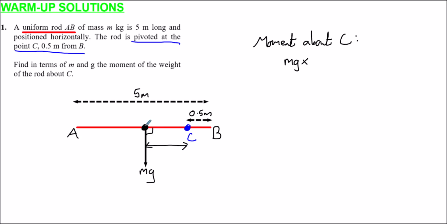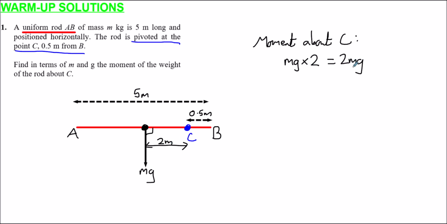This mg is acting at the midpoint of 5, so this is 2.5 meters along. That's 0.5. So to go from B to here to make it a full 2.5, this is going to be the extra 2 meters. So the moment about C is mg multiplied by 2, which is obviously just 2mg.